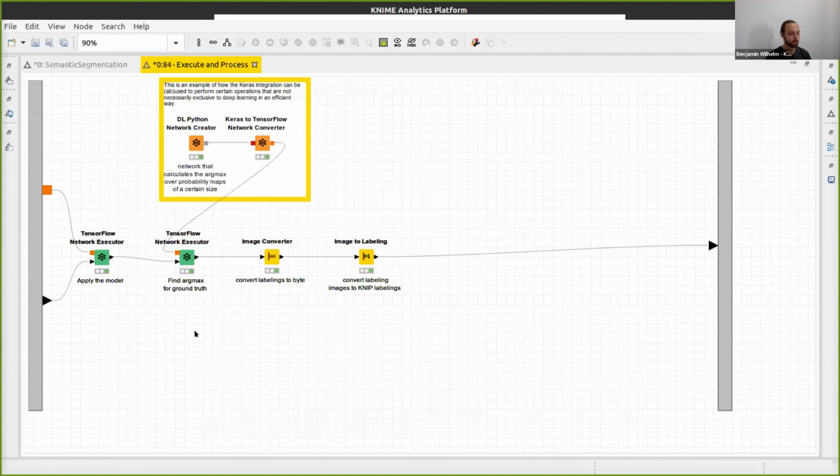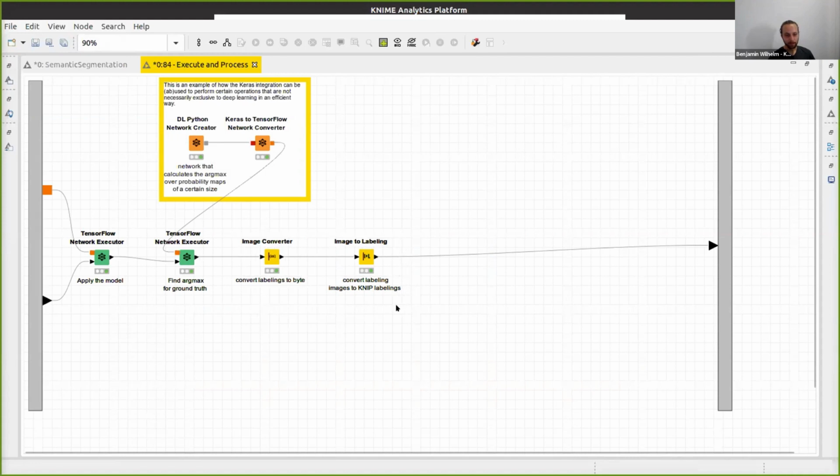You could also do it in other ways, but I just wanted to show you that you basically can do anything with these networks and can maybe abuse it to do other stuff. And in this case, we already knew how to do it, so it's just easy to use it.